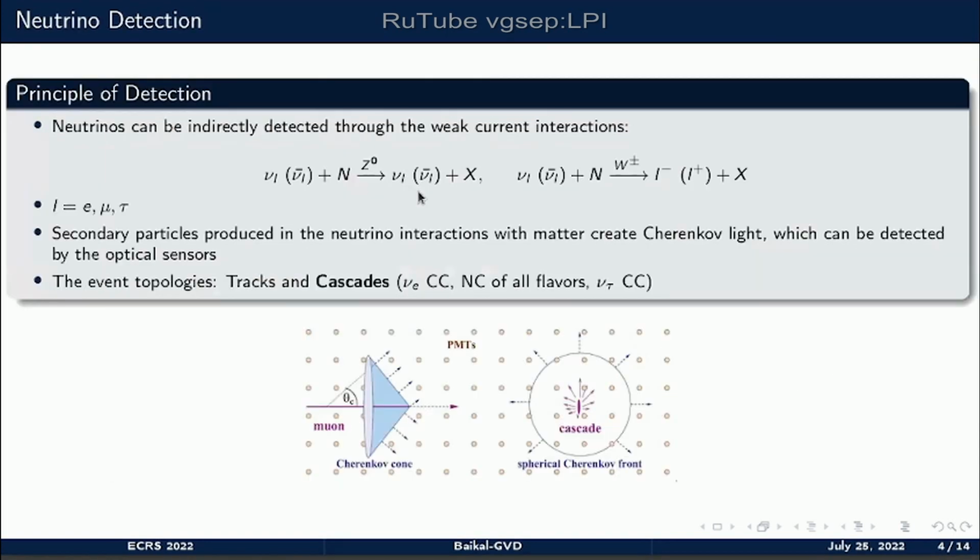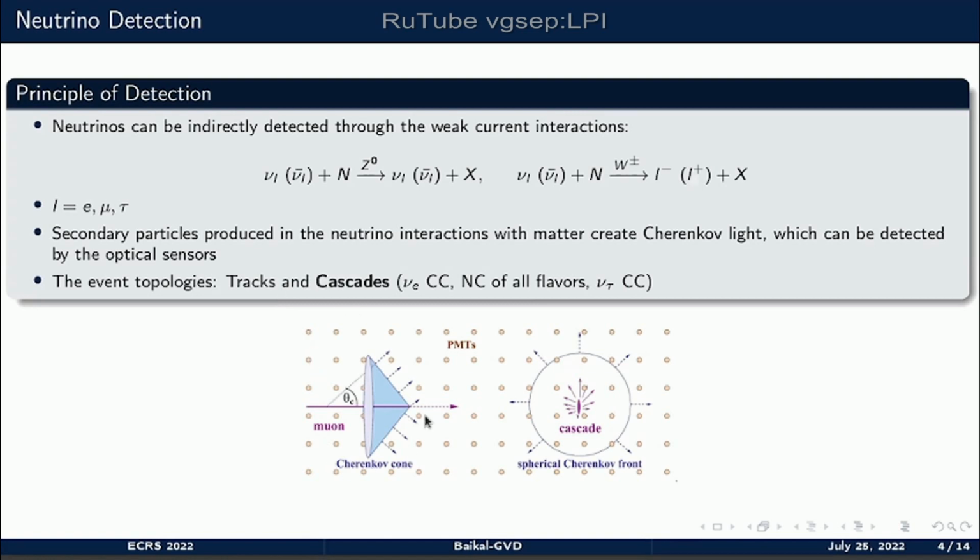As we know, in neutrino telescopes, neutrinos are detected via secondary charged particles, which are produced in charged current and neutral current interactions that cause the emission of Cherenkov light. And according to this Cherenkov light shape, we can distinguish between different types of events. Two main event topologies are tracks and cascades.